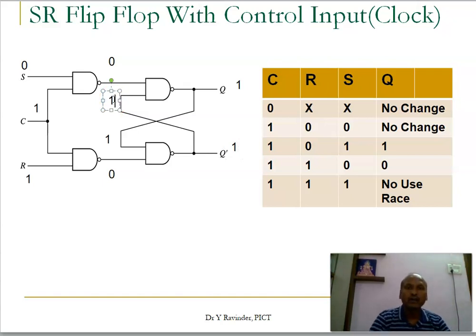So this one makes this 1. Then this is 1 and 0, so this is 1 because one of the inputs is 0. This is 1, 1 1.